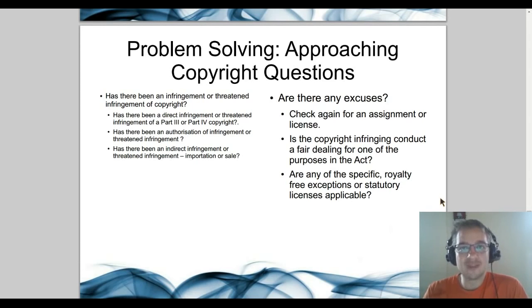But unfortunately for now, you still have to work through and identify all the potential defenses that might apply, or the exceptions that might apply to copyright infringement. Then you have to check the statutory licenses as well. Now, the statutory licenses are fantastically complicated. I'm not going to ask you to know them in a huge amount of detail, but you need to know that they exist.